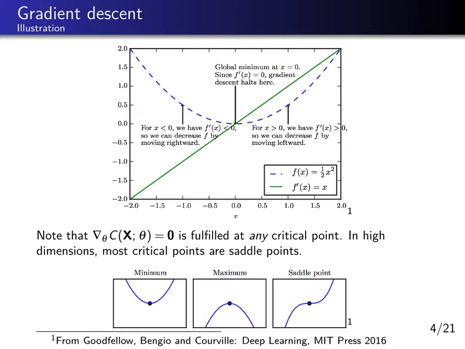So in other words, if you are doing gradient descent in a high-dimensional function, you will often find saddle points and get stuck there unless your method is somehow resistant or safe against getting stuck there. So this is an important criterion to think about when designing a parameter optimization algorithm for neural networks.